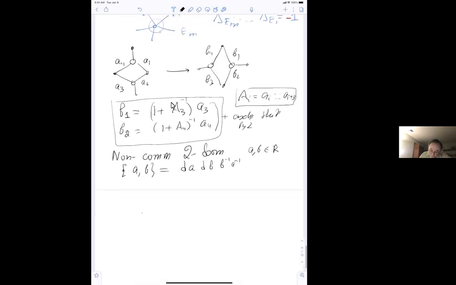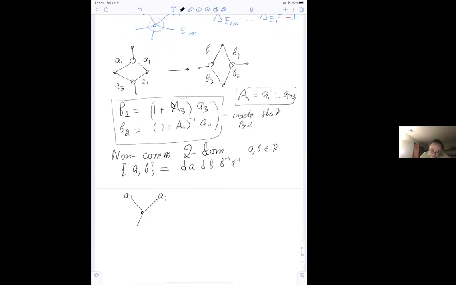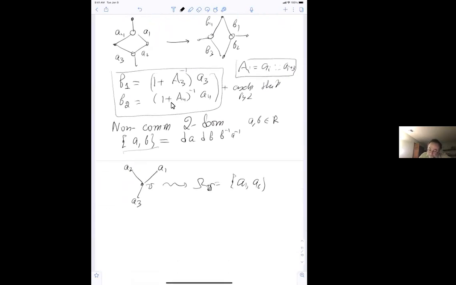Now, if you have your graph, let's suppose all vertices are trivalent. You have these numbers sitting on the edges, and so you assign to each vertex the 2 form, which is given by A1, A2. This 2 form is given by this formula. It's actually cyclically invariant, so you can take A2, A3 or A3, A1, you will get the same result.